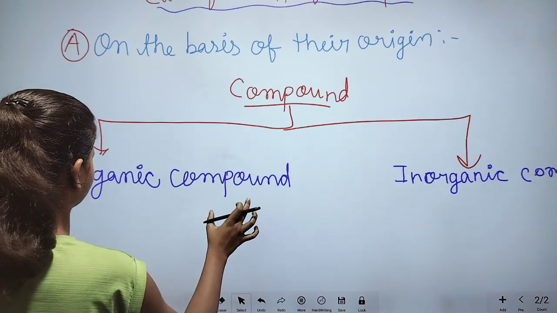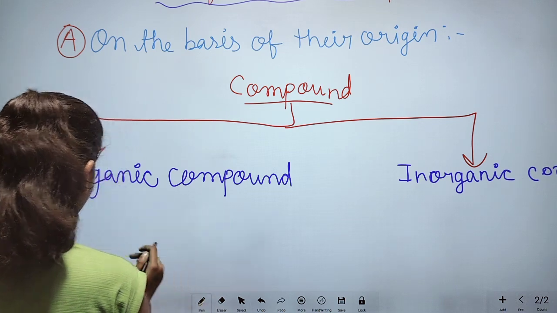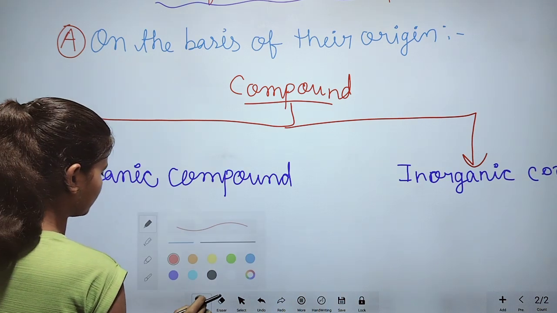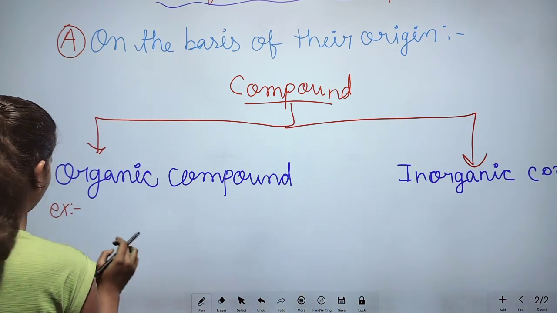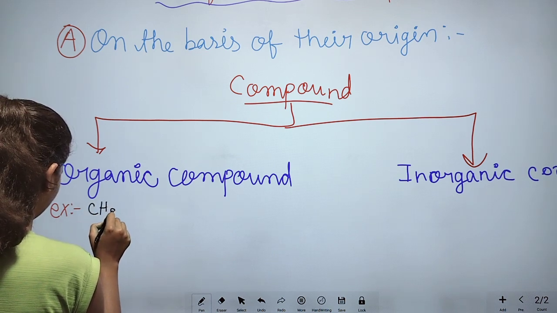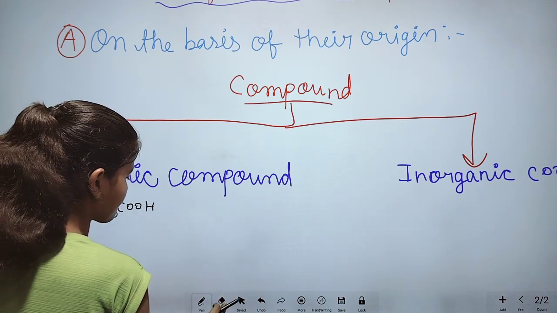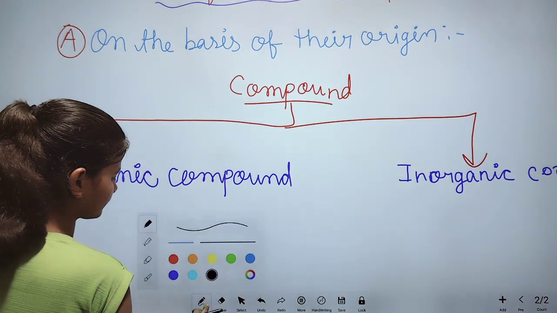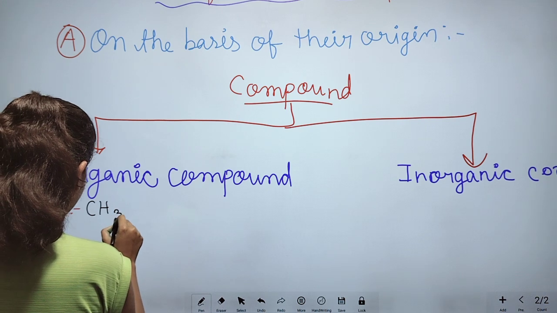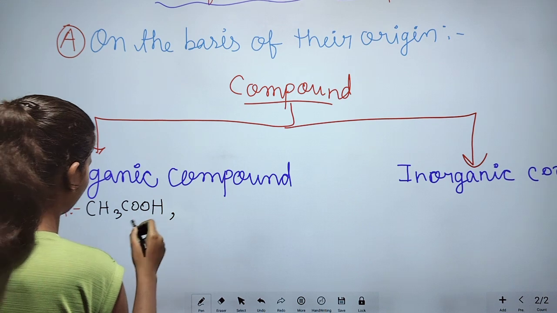For example, you can write CH3COOH. This one is ethanoic acid.